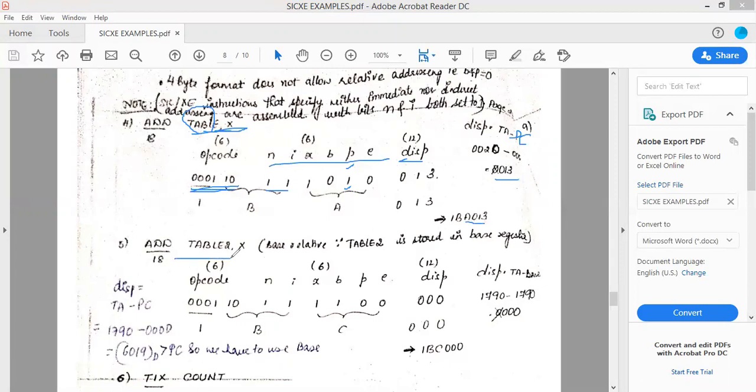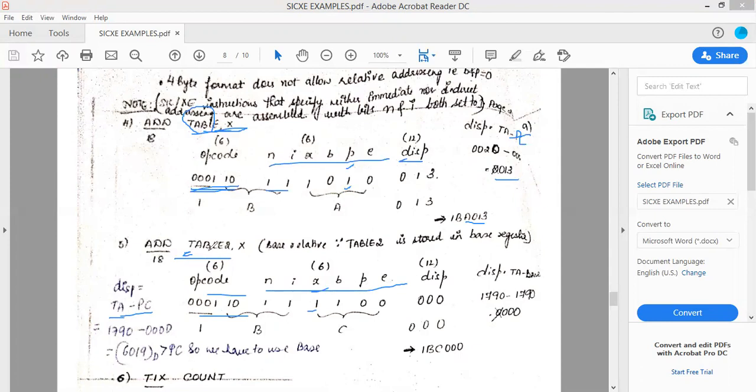Now look at ADD TABLE2. Here there is a catch. Whatever concept I was explaining right now will come to use here. The opcode is written as given in the question. NIXBP: 1 1 for NI, because this is neither indirect nor immediate, and X is set to 1. Let us consider that we set P to 1 initially.